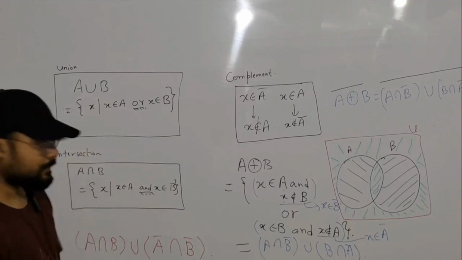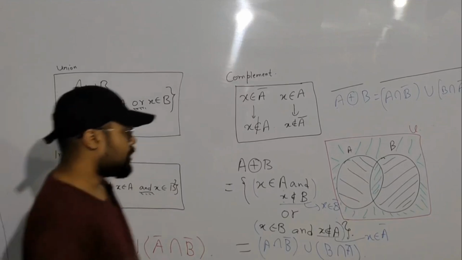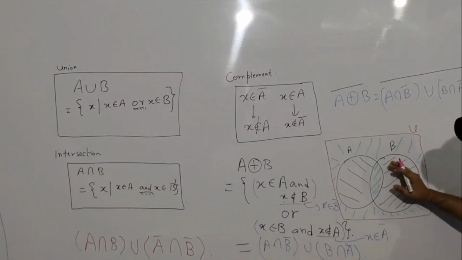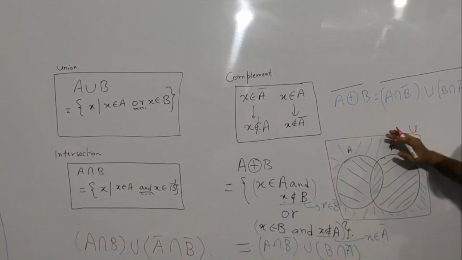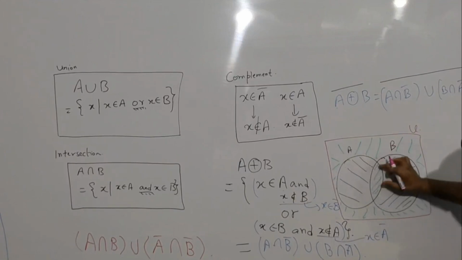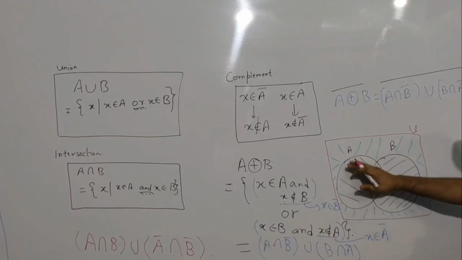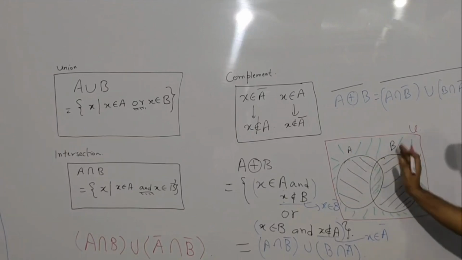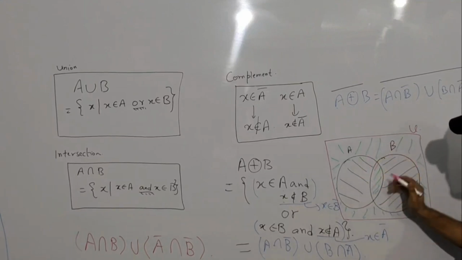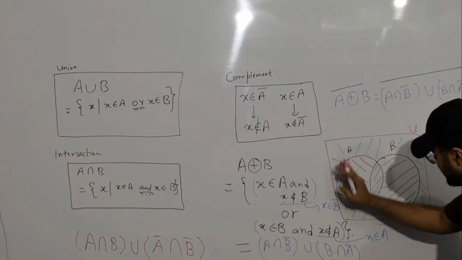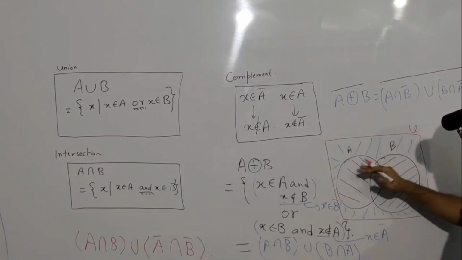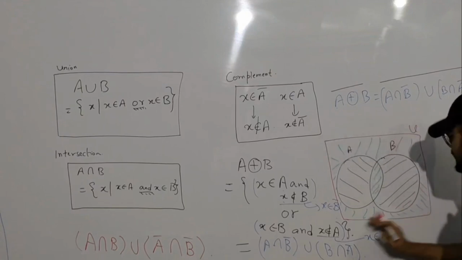Can I say that? Because I don't have to include this region. B complement will have everything, including regions of A which are exclusive to A and not the common elements of A and B. So B complement will include this also, but because I am doing intersection with A complement, the intersection region will be just this.